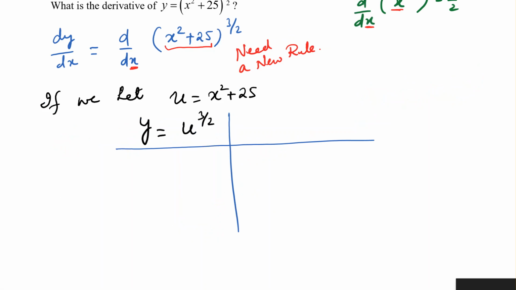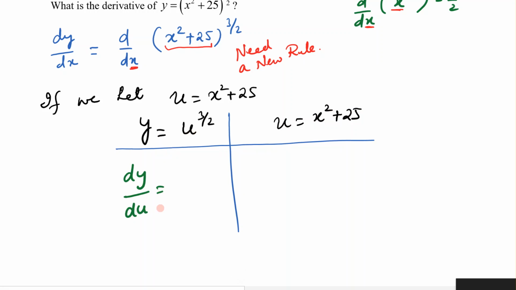So y is equal to u raised to the power 3 over 2, and u is x squared plus 25. If I want to take the derivative, since y is a function of u, I can find the derivative with respect to u.